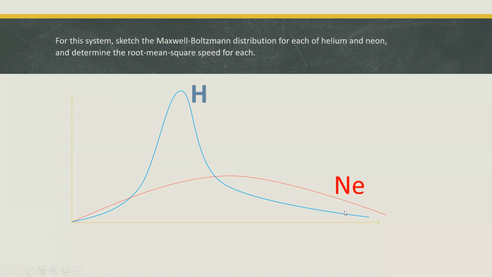As you can see, the neon is flatter than the helium, and that is because the neon is heavier, both physically and with the MR, because obviously the MR is 20 and the mass is heavier, so obviously it's going to be flatter. And with the helium, because it's lighter, it will reach higher peaks.